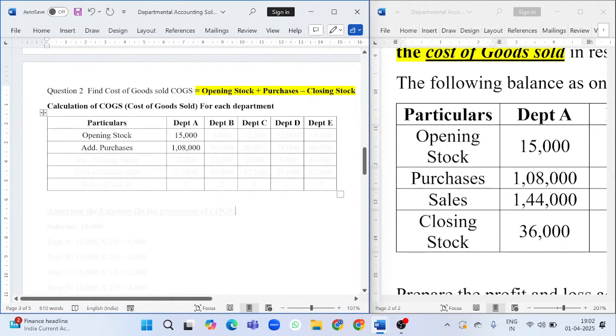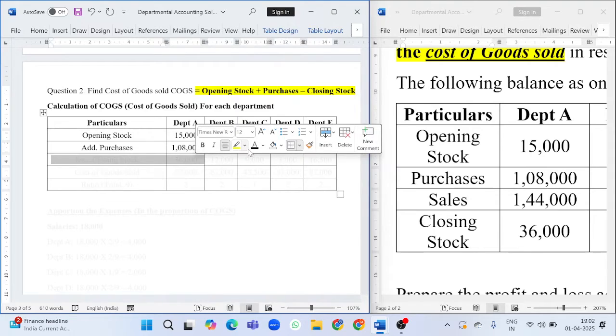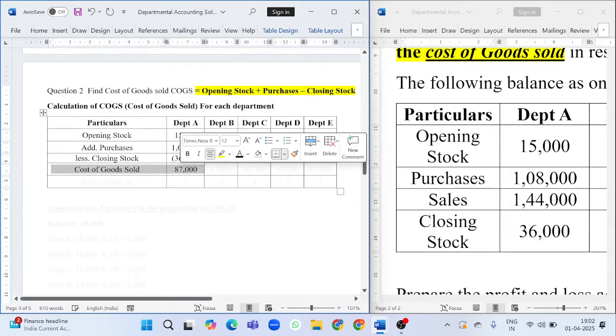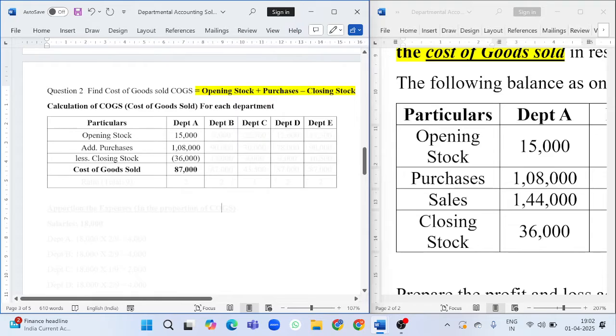From that you have to subtract closing stock. How much is the closing stock? Closing stock is 36,000. When you do this, you will get cost of goods sold. So how much is the cost of goods sold for department A? For department A, cost of goods sold is 87,000.